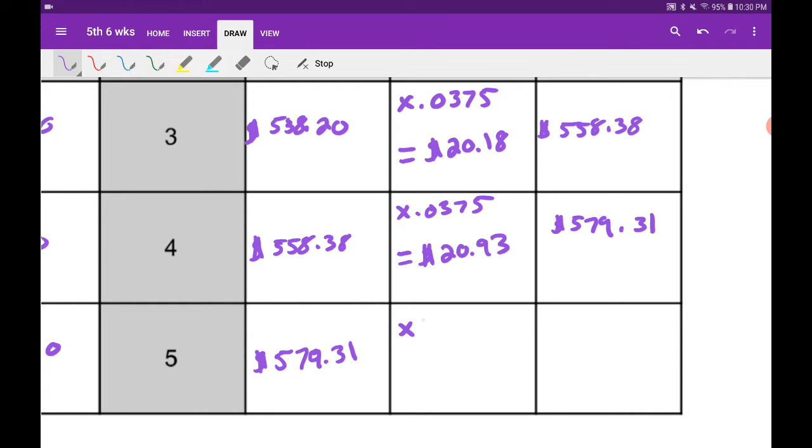All right, let's see what happens. Excuse my voice. Times the interest here, 0.0375. Here we're going to make $21.72. All right, add that to the 579, and we're going to make $601.03.